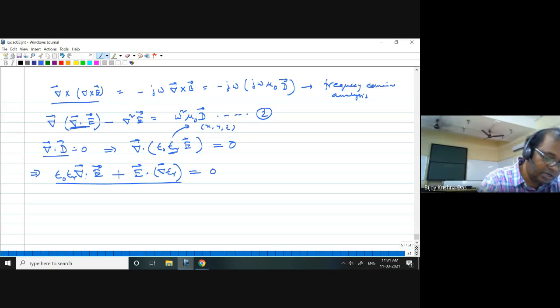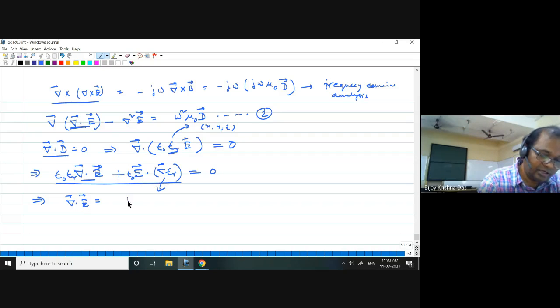So now you see in this equation I have the divergence equation. In this equation also, if you can find that if epsilon r is not space dependent, this part is 0. Right? So in that case, divergence E will be equal to 0. Otherwise, we have to say, okay, epsilon 0 has to be there. So in that case, I can write that divergence of E, that is actually, you are getting epsilon 0 cancel.